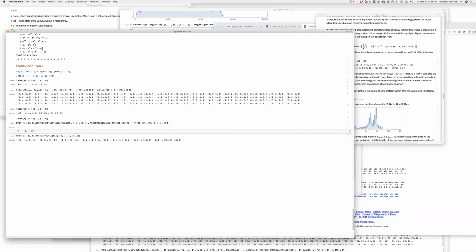So we're mapping over this. And for each piece, okay, so let's take a look at this. So for each piece there, we're mapping over something like this here.